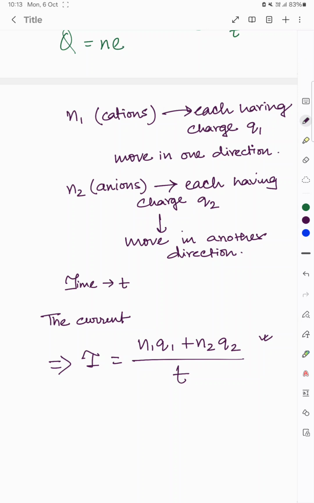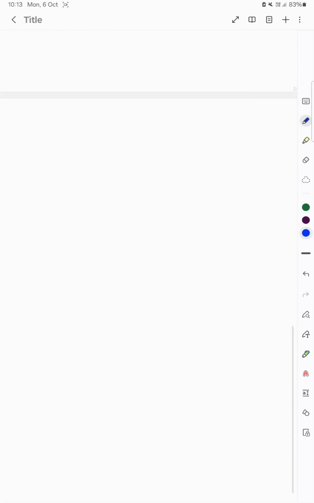Now, in the bracket, I told you to write in the direction of motion of cation. But why? To understand this particular part, we have to understand the direction of flow of current and the direction of flow of electrons. So put a subheading: flow of current, flow of electron.